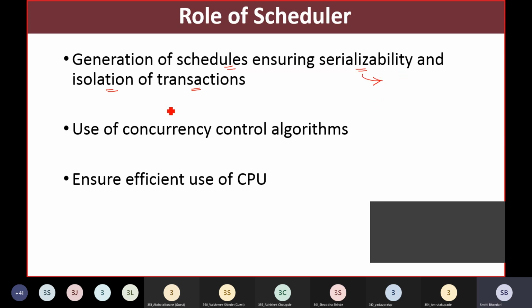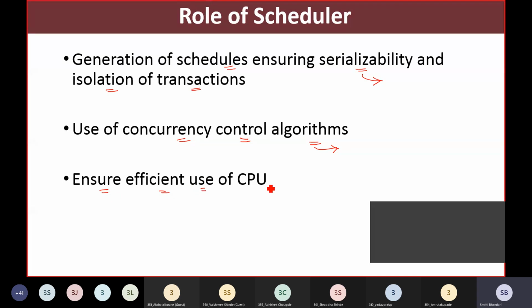Further, schedulers need to use the concurrency control algorithms, which we are going to focus upon next.